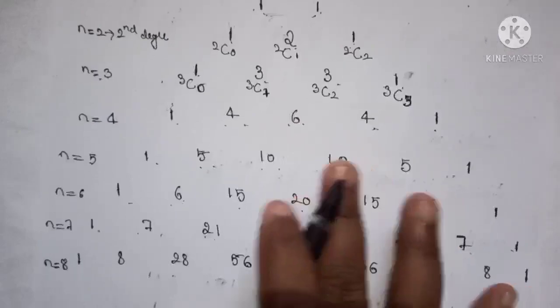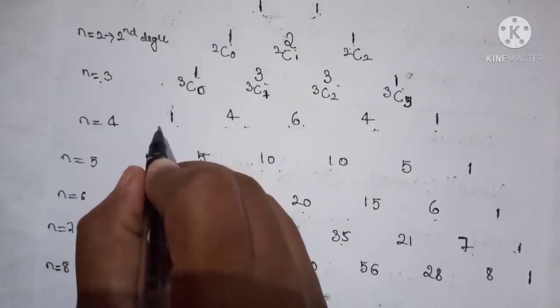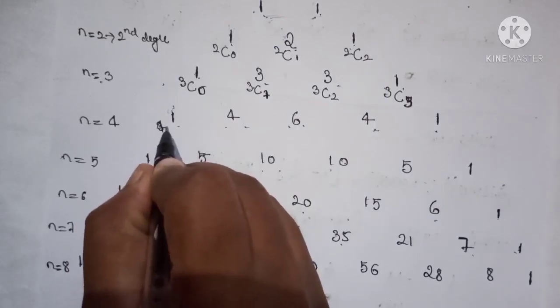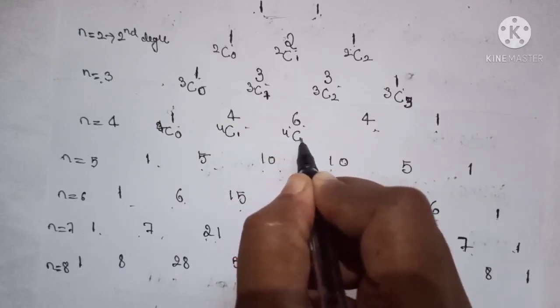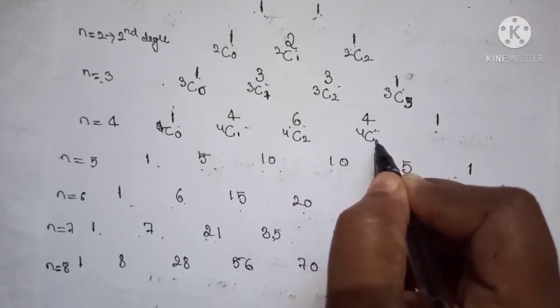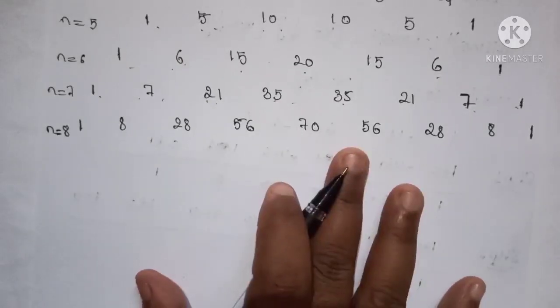Like this. If n equals 4, you can use these constants as 4C0, 4C1, 4C2, 4C3, 4C4.